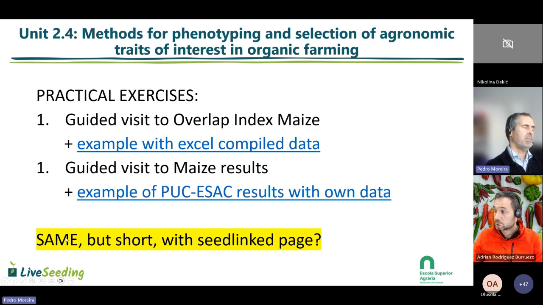There is also some information on the Seed Linked page.